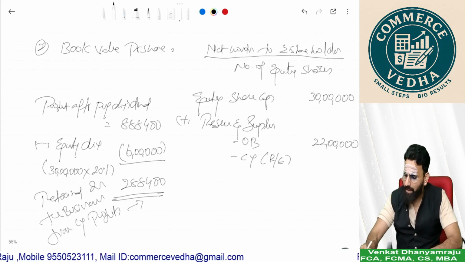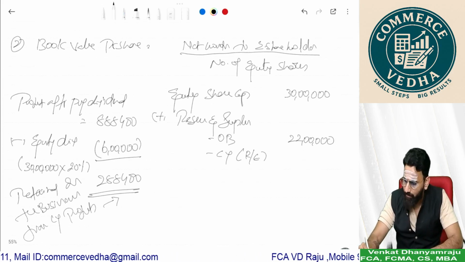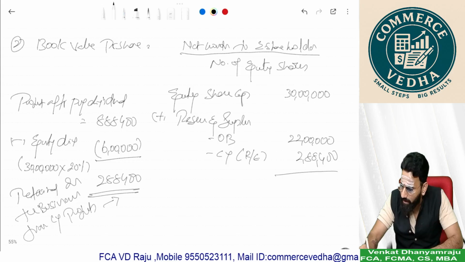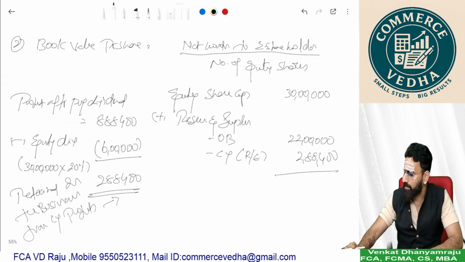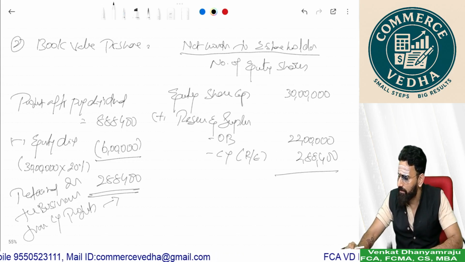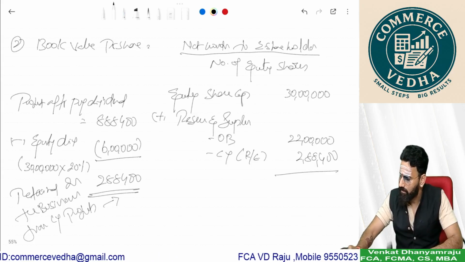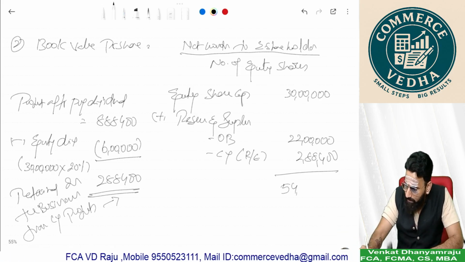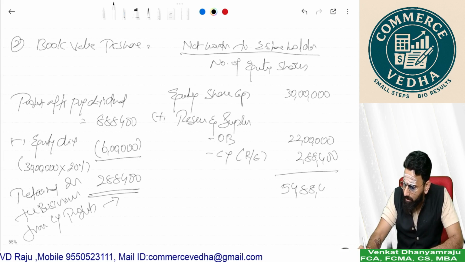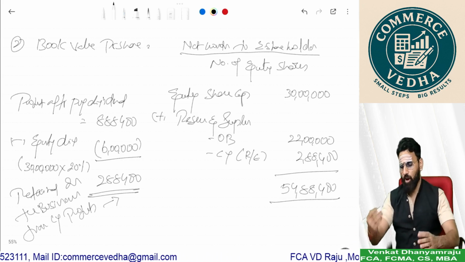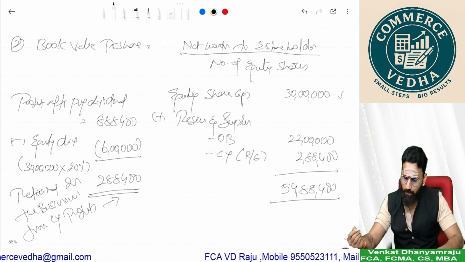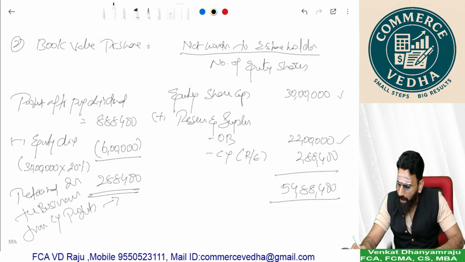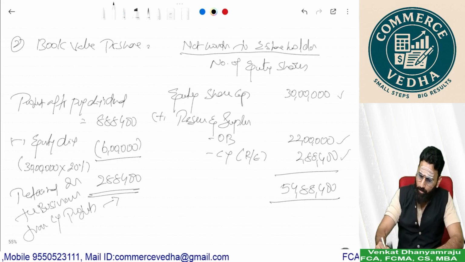So, opening retained earnings are 22 lakhs and current year you retained 2,88,400. Total net worth available to equity is 54 lakhs 88,400, which is a combination of your equity share capital, your opening balance of reserves and current year retained earnings, which we computed here.